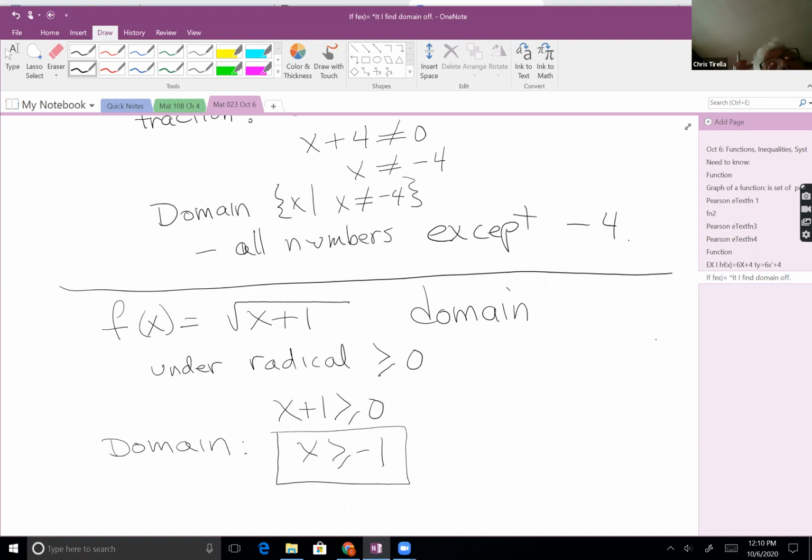What's probably most important that you get is the idea that the domain are the x values, the range the y values. If it's a function, each x value can be only used once. And that function notation, that idea that f of x is just a fancy way of writing y. And if there's a number in the parentheses for x, we have to substitute.